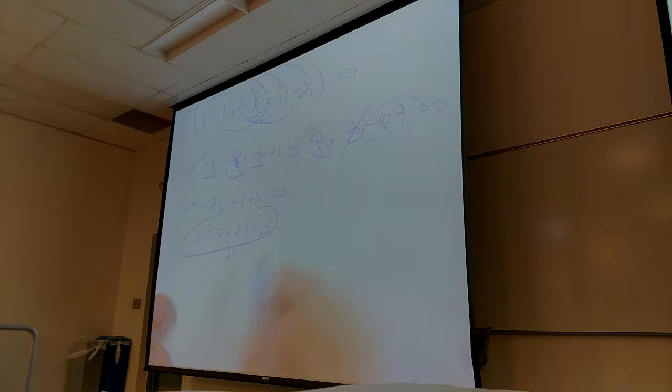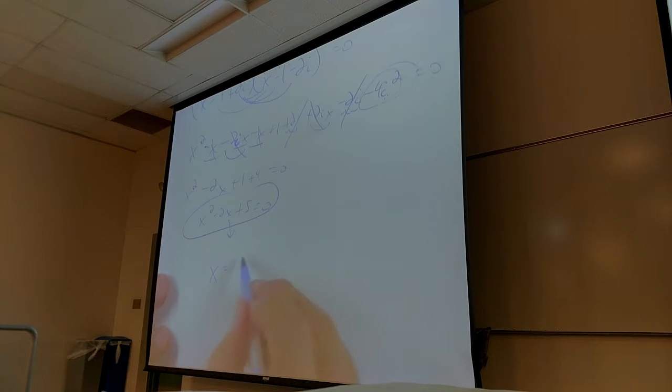What method are you guys using to solve this? Can't factor. FOIL, there's nothing in FOIL. Quadratic sounds like a good idea. So negative b plus or minus the square root of b squared minus 4 times 1 times 5, all over twice 1.